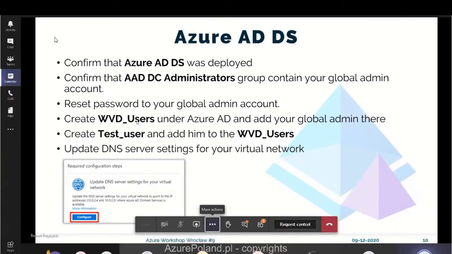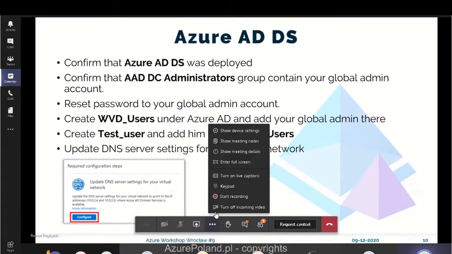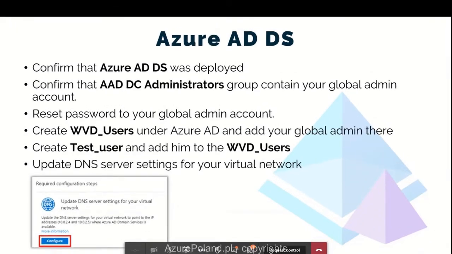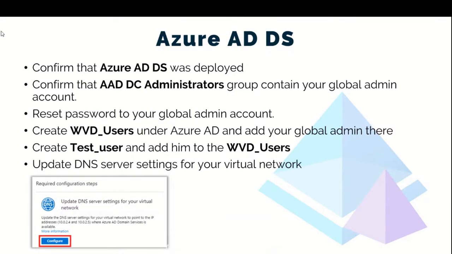The global admin mostly has access everywhere, but we want to test it with a user. And as I mentioned on the slide before, please click configure within the Azure AD DS, because we need to make sure that the VNet is configured to use the DNS servers from your Azure AD DS.